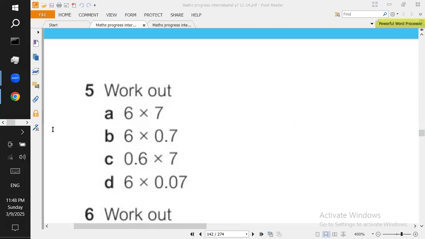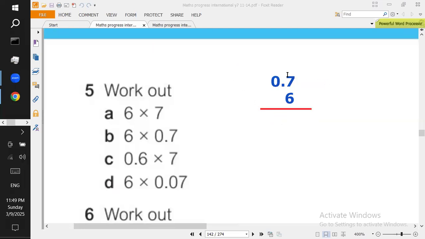We don't have to put the decimal. And let's put the 6 under. So 0.7 times 6.